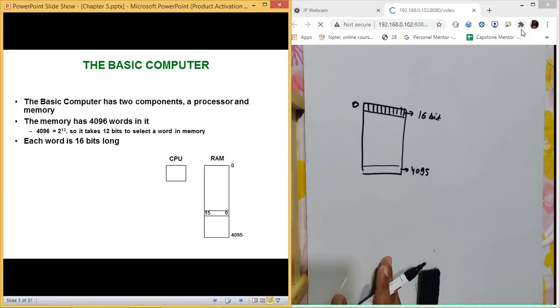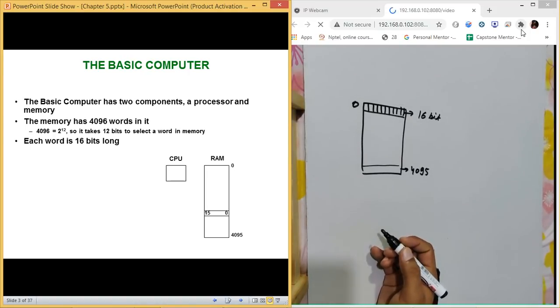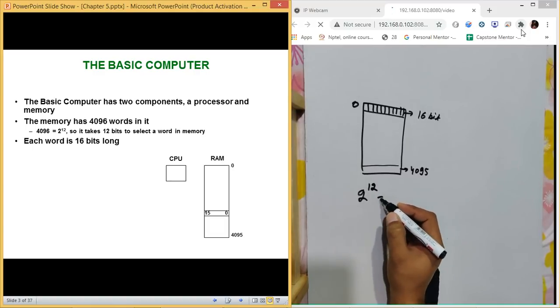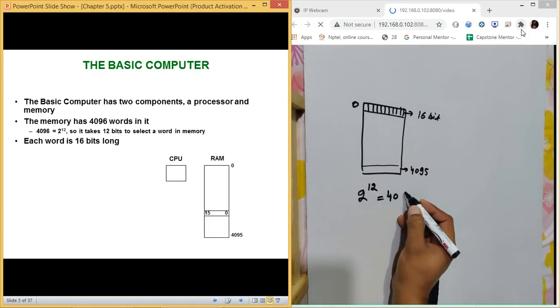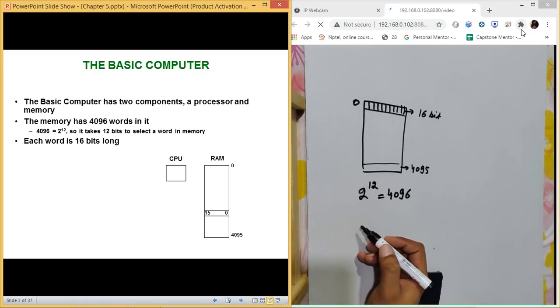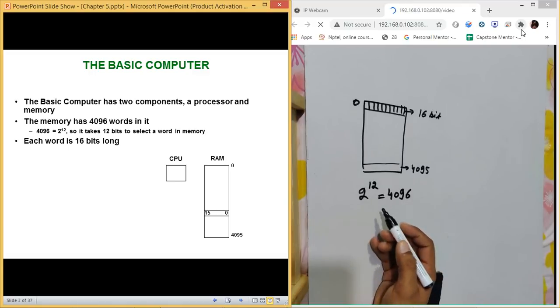After this, how many bits do we need to access these 4096 addresses? It will be 2 raised to the power 12. Now how? Because 2 raised to the power 10 is 1024, 2 raised to the power 11 is 2048, and then it is 4096.